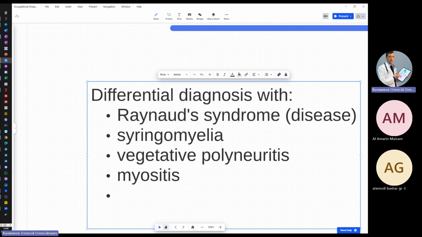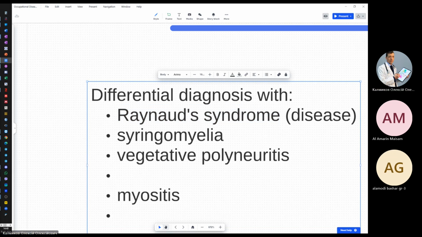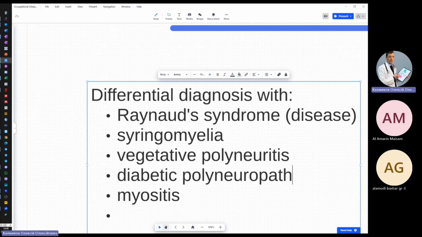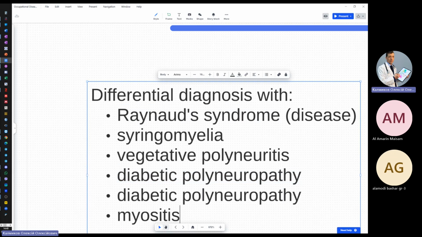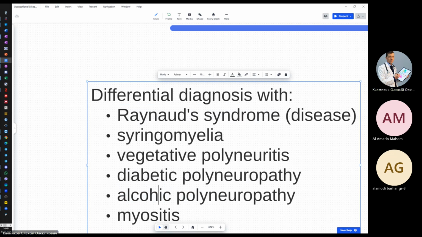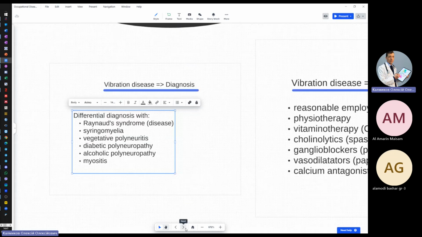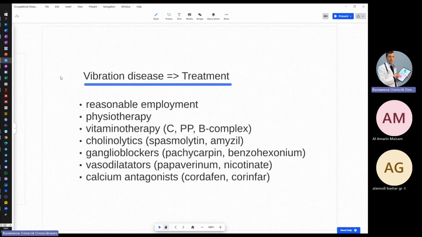Then diabetic polyneuropathy, then alcoholic polyneuropathy in alcoholism, etc. Other conditions accompanied by similar but not the same changes as we have in vibration disease.